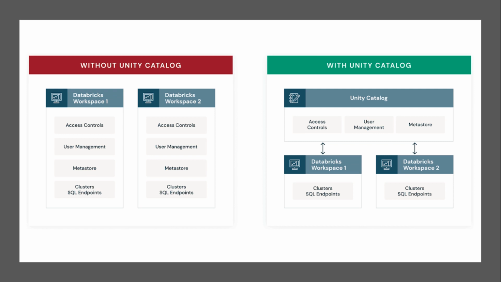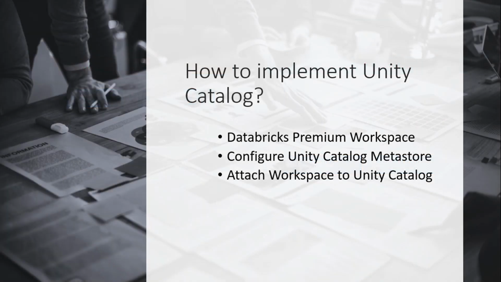To get the Unity Catalog, you must have the following things. Unity Catalog comes with Databricks Premium. It doesn't come with the standard subscription. So you require a Databricks Premium subscription for your workspace. Once you have a premium workspace, you must create and configure a Unity Catalog metastore.